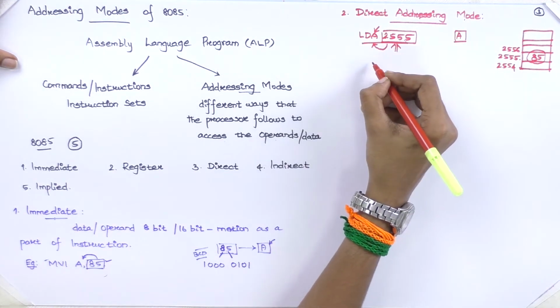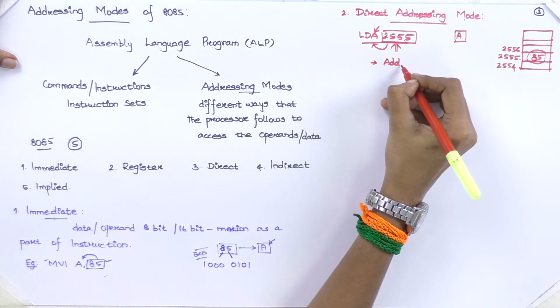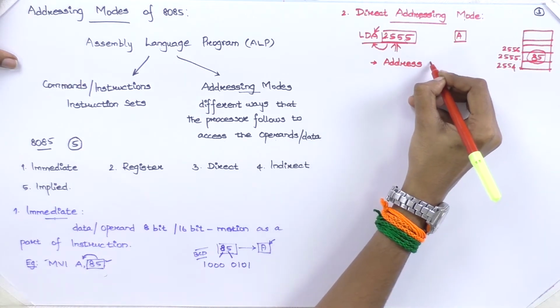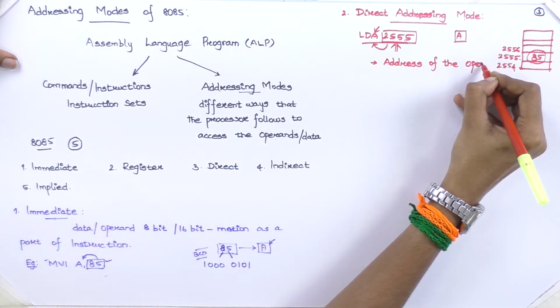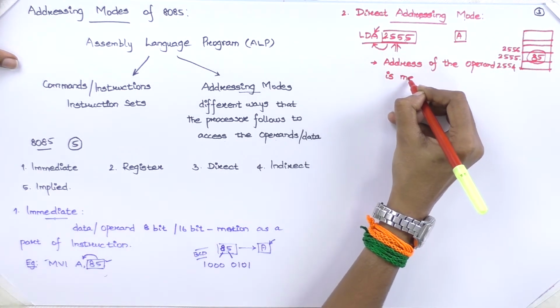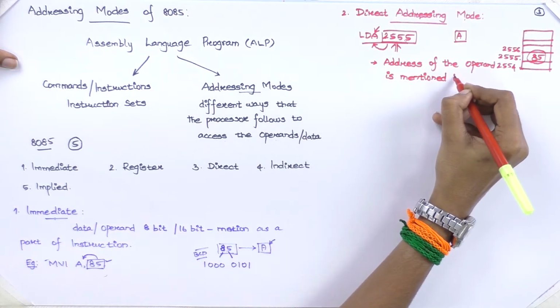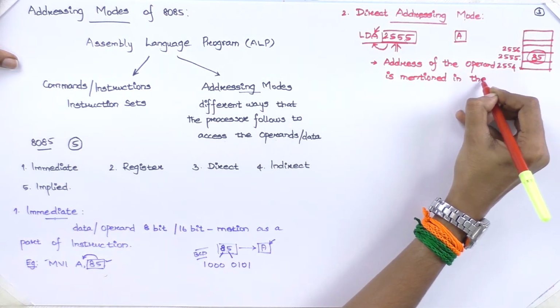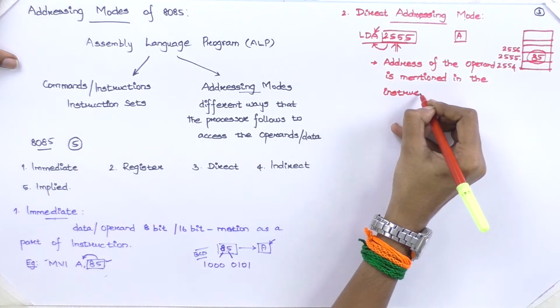So the direct addressing mode is nothing but the address of the operand is mentioned in the instruction.